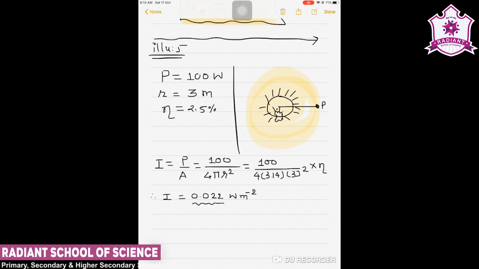Now we can say that half of I, that is half of the intensity, can be considered as average. So half of this intensity is provided by the electric field and half of it is given by the magnetic field.